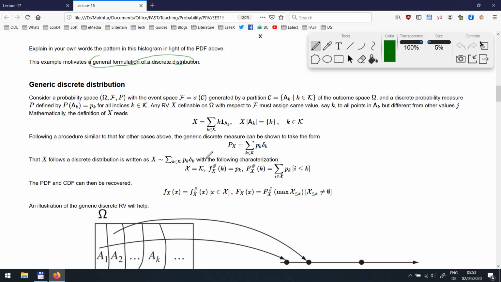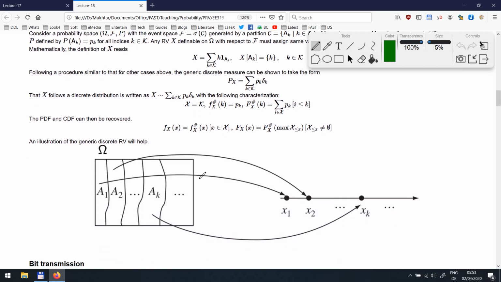Pictorially you can see it this way. The sample space is partitioned into several events, and remember, in some cases these events can even be infinite depending on the problem at hand. So the random variable definable in such a scenario must assign as many values as there are partitioning events.